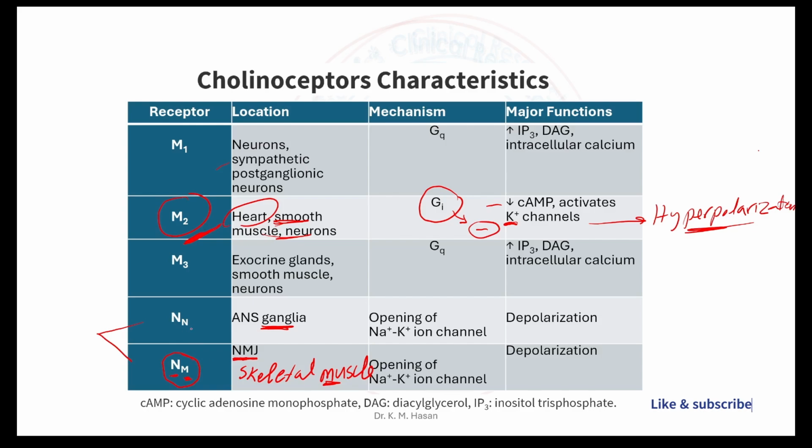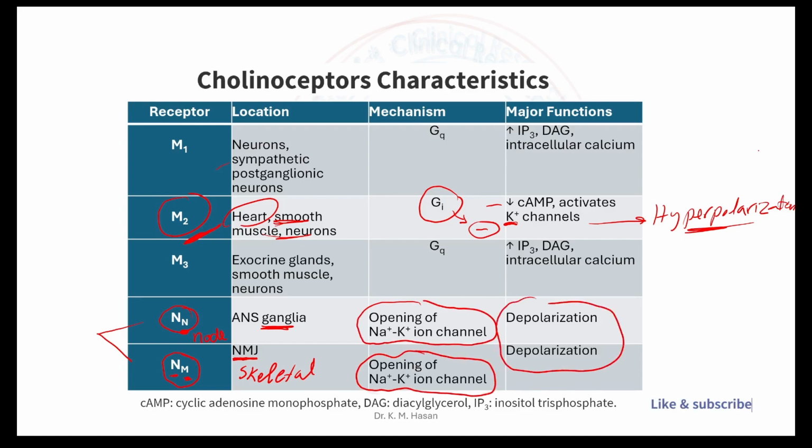Then we have NN, where we speak about ganglia or nodes. So NN is the nicotinic receptor in the ganglia. And as you can see here, we have similar results. Both of them lead to opening of sodium and potassium channels, mainly the sodium channels. This leads to depolarization, action potential, and contraction.